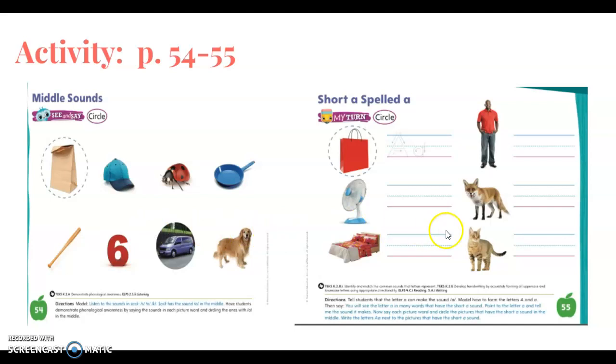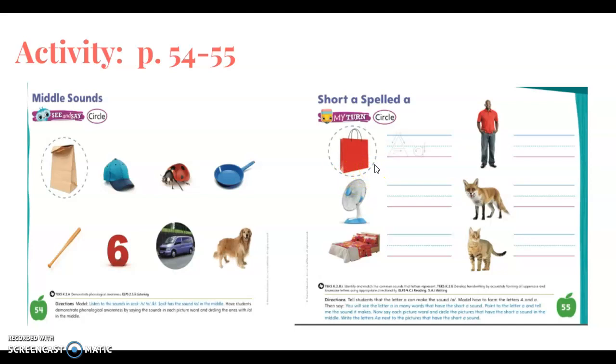Good. Now turn to page 55. On this page, we're going to be working with the short A spelled A. The short A sounds like this, ah. So once again, this is another picture of a b-ag, a bag.